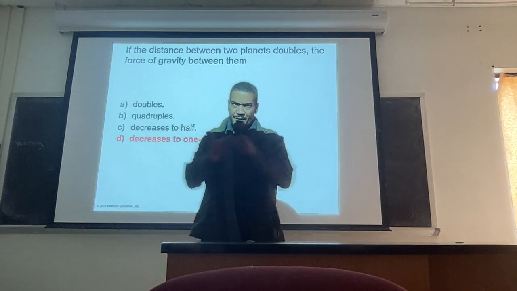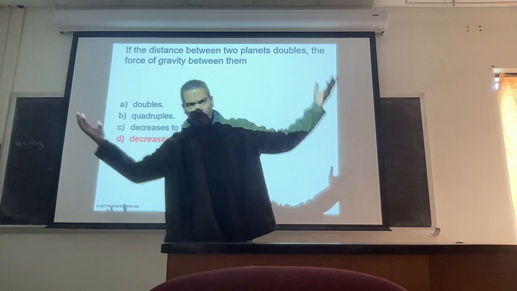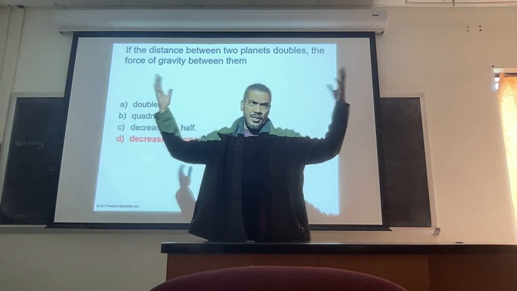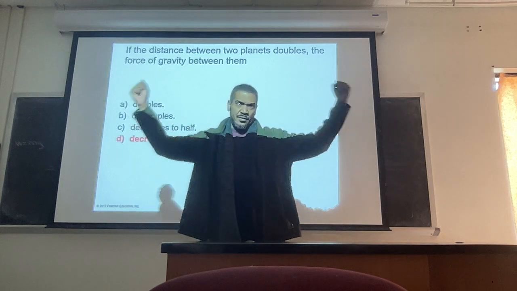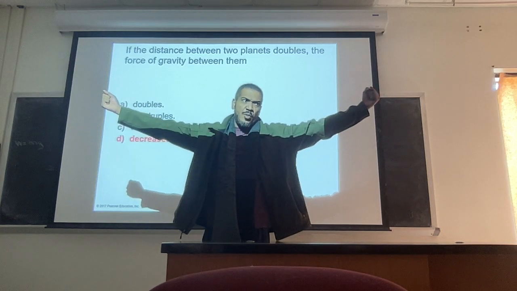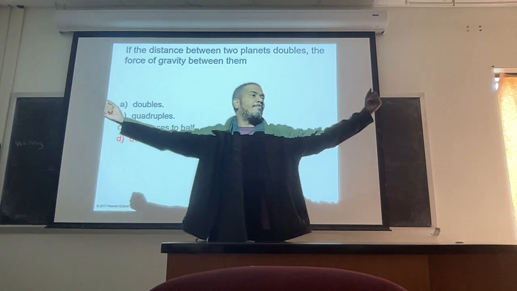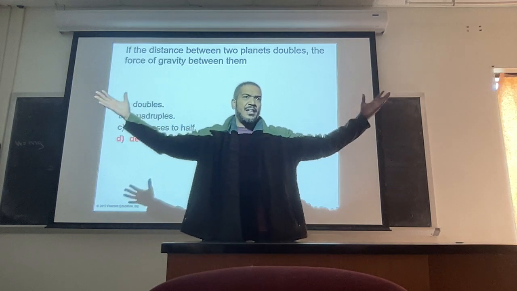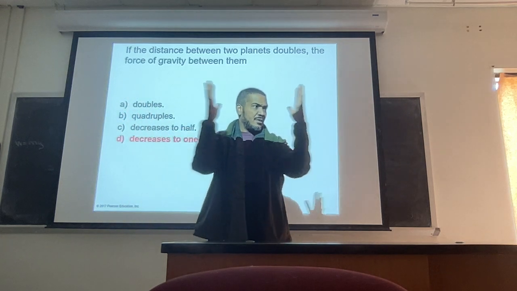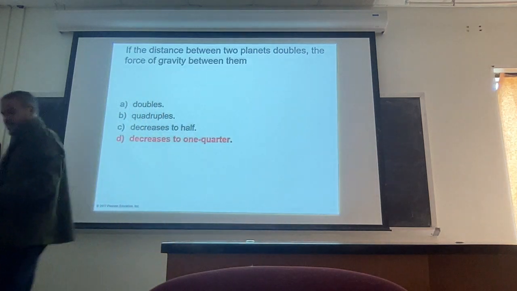Remember what we talked about? In the case of chapter 4, we're talking about 2 planets. The farther apart they are means what? The less they interact, right? So the closer they come means the more they interact.